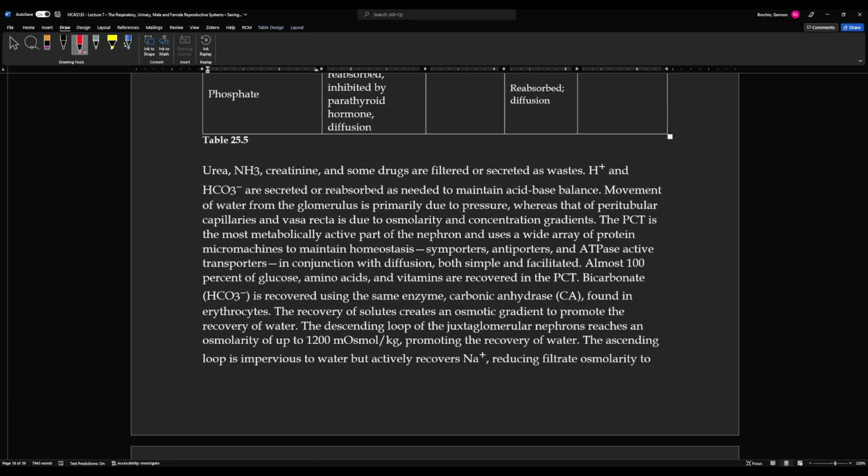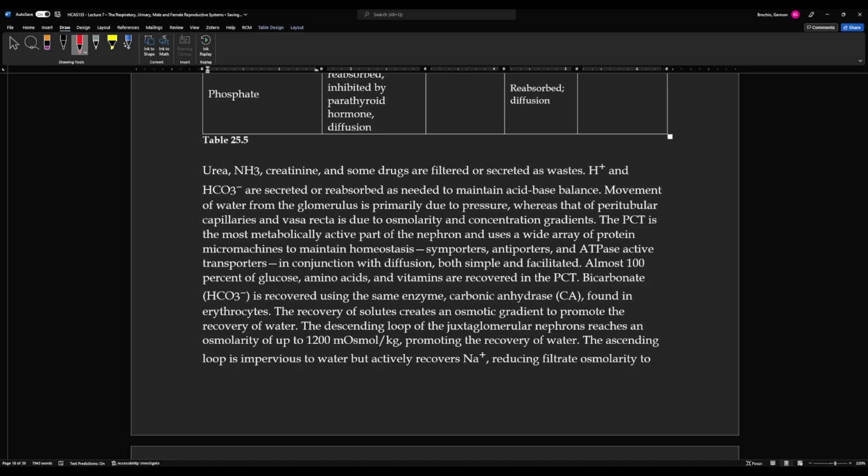Bicarbonate is another thing that's very important. It needs to continuously be recovered in order to be used as an acid-base balance controller in the blood. As you know, with the digestive tract, our pancreas secretes bicarbonate.